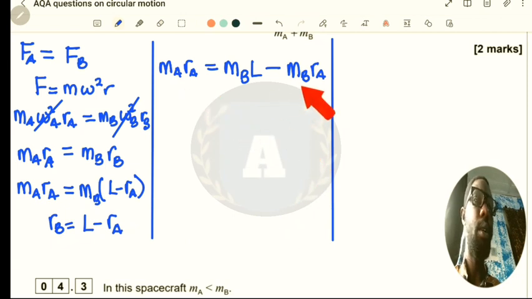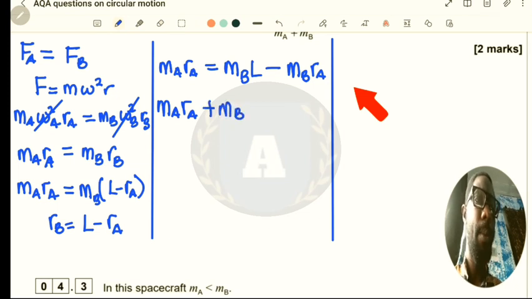Now we need to collect like terms, so we let the MB RA come here. Since we have RA here and RA here, we have MA RA plus MB RA equal to MBL.